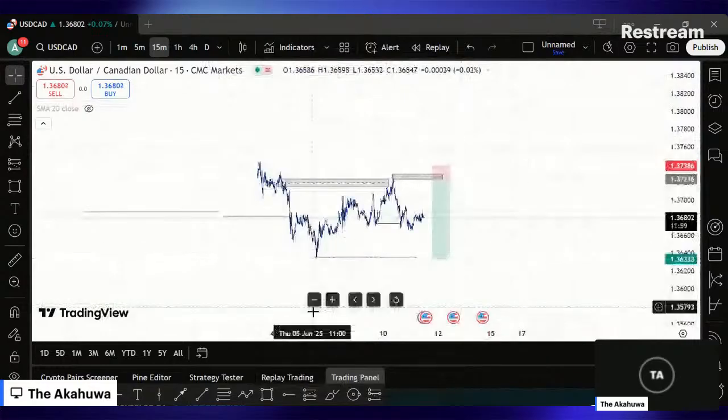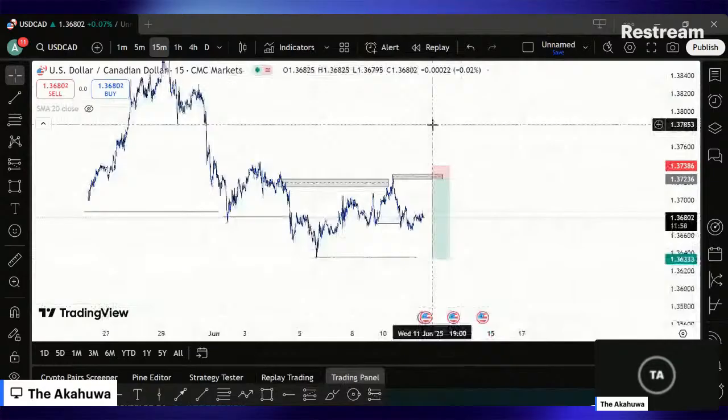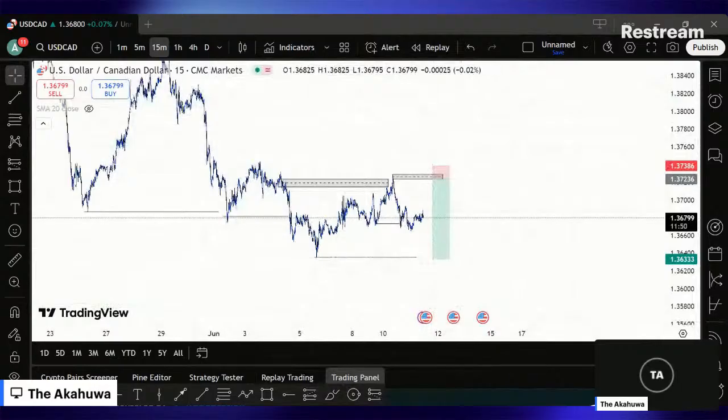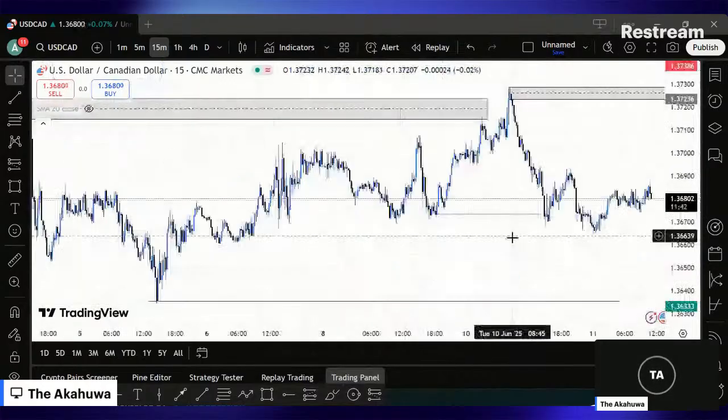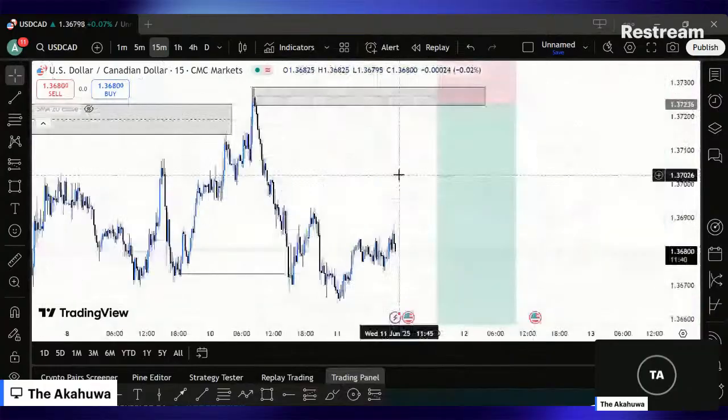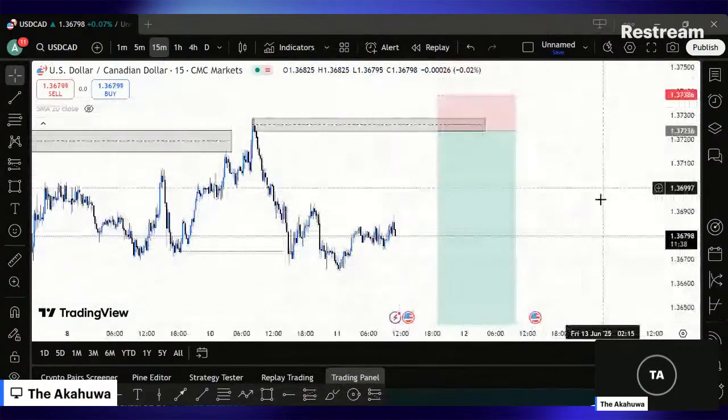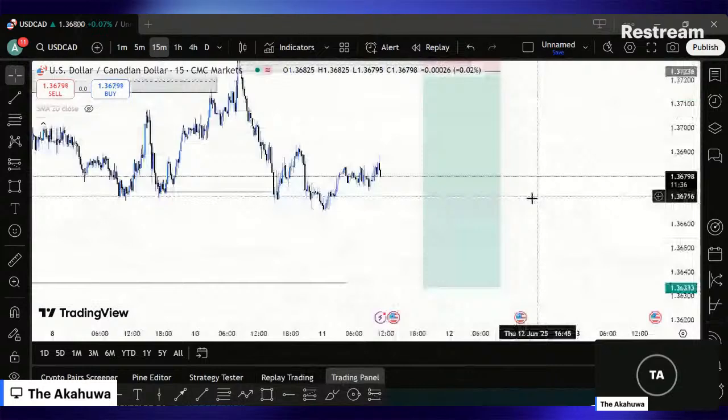So this is what I have here on USD card. If this goes up again to this point, then I will be considering to short this guy.